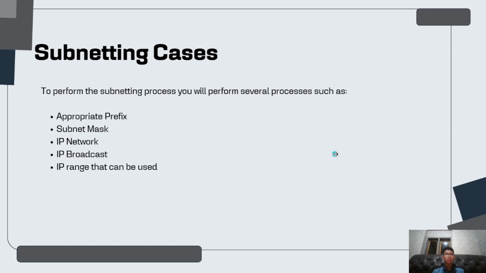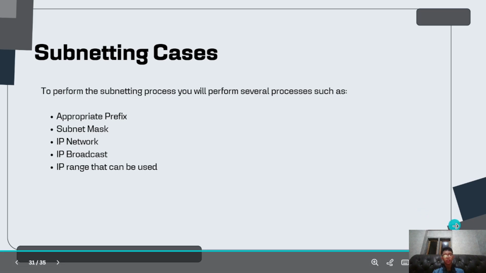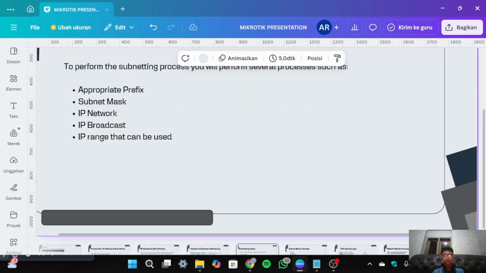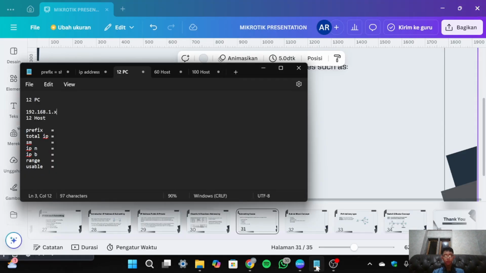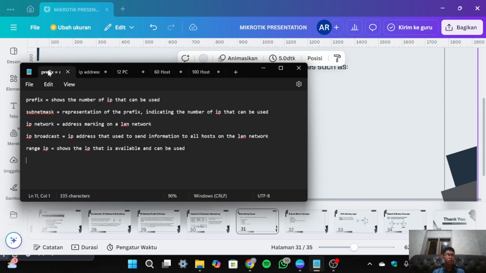Subnetting case. To perform the subnetting process, we will perform several processes such as appropriate prefix, subnet mask, IP network, IP broadcast, and IP range that can be used. So, prefix shows the number of IP that can be used.